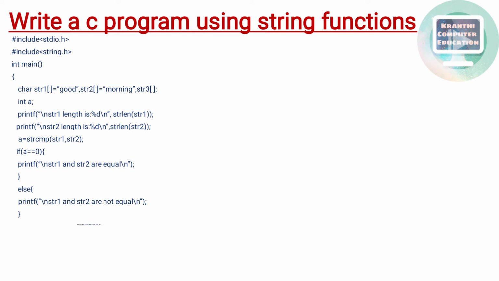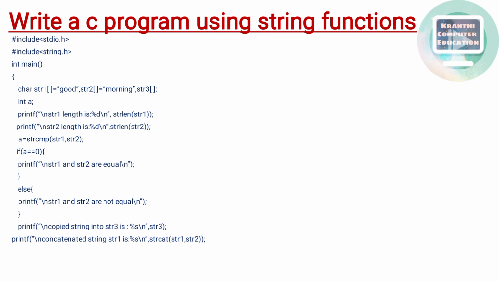Else block close. Next I write a printf statement to copy into string 3: "the copied string into string 3 is", string 3. Next, printf "concatenated string 1 is", strcat of string1, string2.